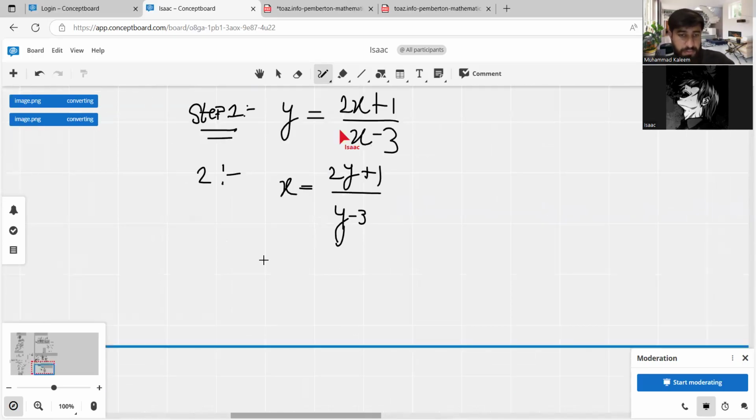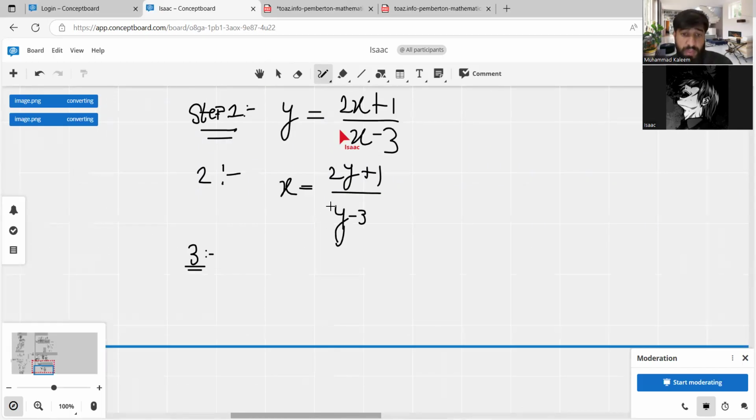Next, you have to rearrange so the y's must be on one side. This will be a difficult task. That's why this question is a little bit difficult, because in the last step we have to do difficult things, like making y separate all alone, to make y the subject.